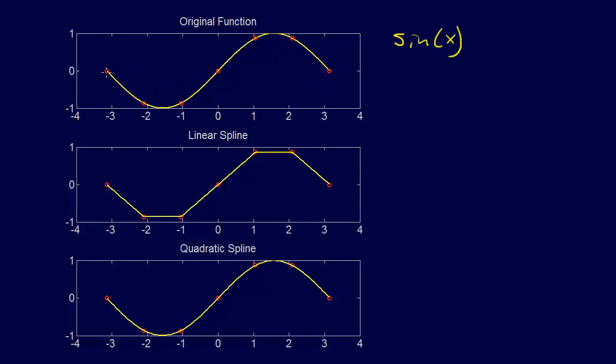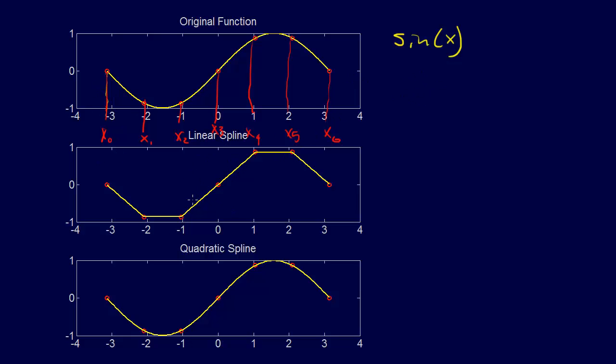We sample it here at these red points, and we're going to call those points x naught, x1, x2, x3, x4, x5, and x6. So you see what we're doing there. They're labeled, and they're all the same points all the way through.